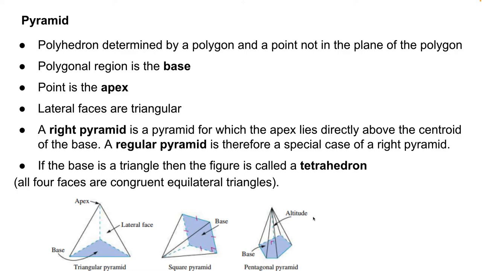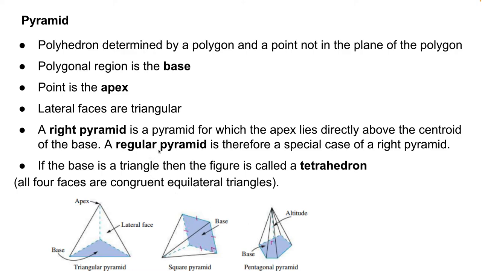Okay, so if the pyramid is a right pyramid, then the apex is directly above the center, right in the middle of the base. If you drop the weight and it doesn't fall right in the middle of the base, then it will be oblique, right? So it's not a right pyramid.